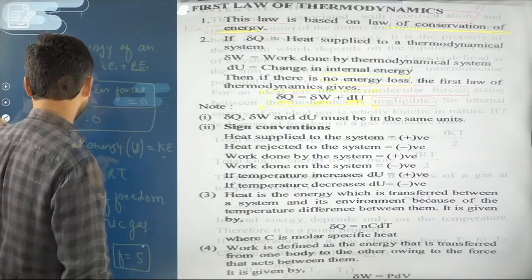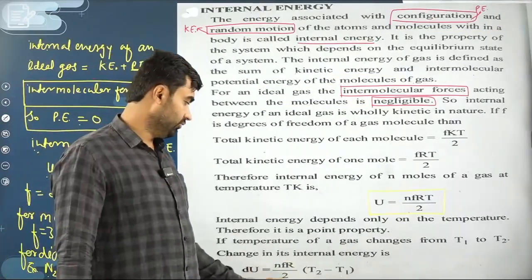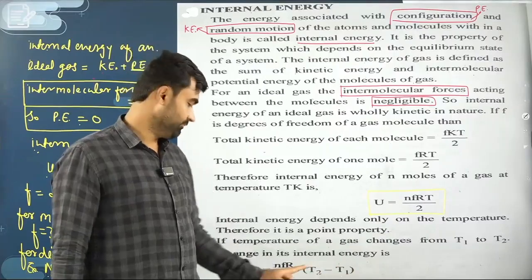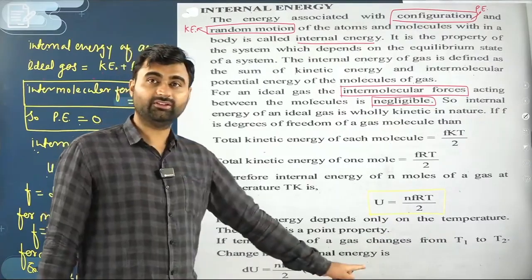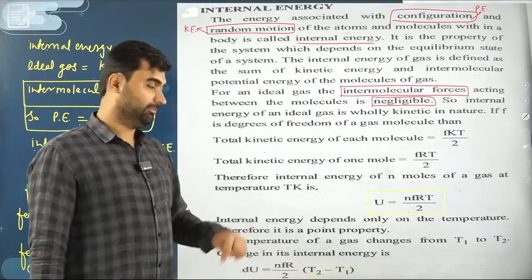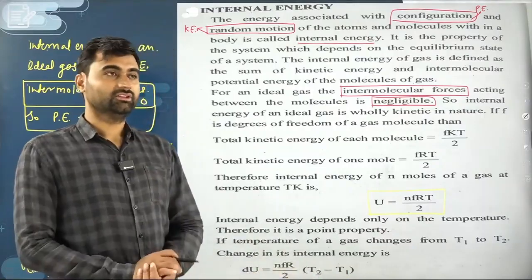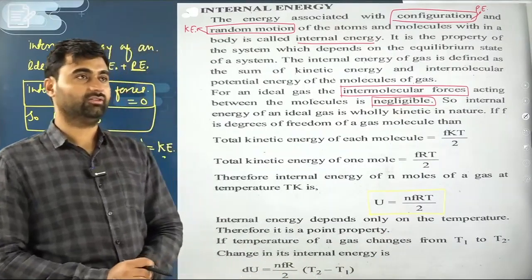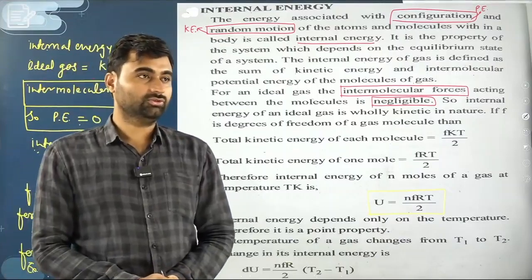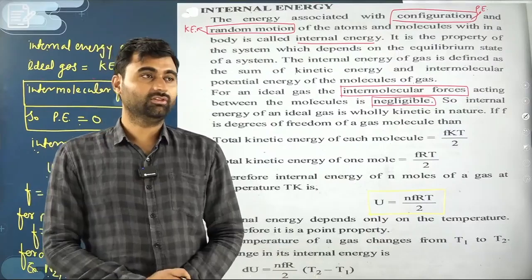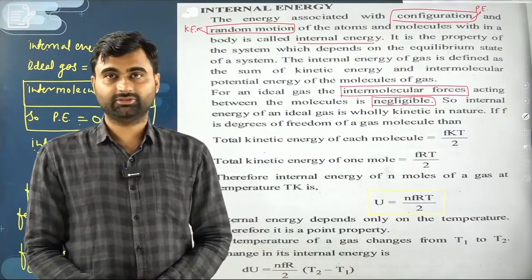It is equal to F by 2 nR (T2 minus T1). If temperature increases, then it is positive, because T2 minus T1 will be positive. If temperature decreases, means T2 is less, then it is negative. Is it clear? Okay friends. So I think you all understood it. Thank you for listening to the class. Further we will discuss tomorrow.